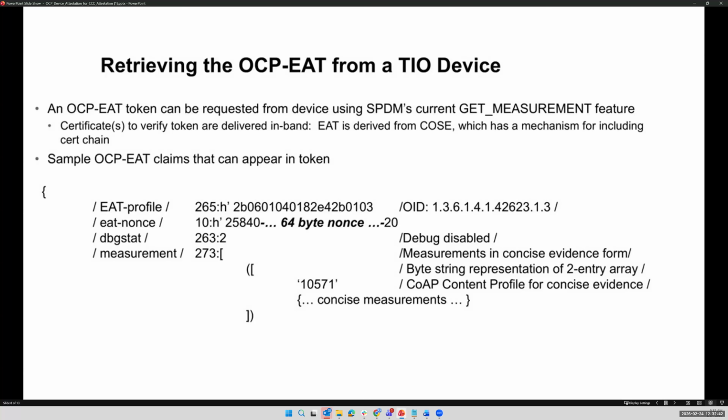In the case of OCP EAT, since the EAT is derived from the IETF COSE standard, the certificates are delivered in band as part of the EAT token in the appropriate header attribute, the x5chain.